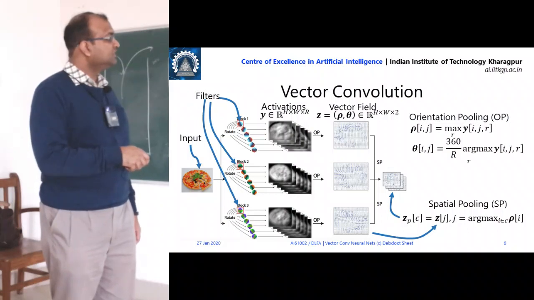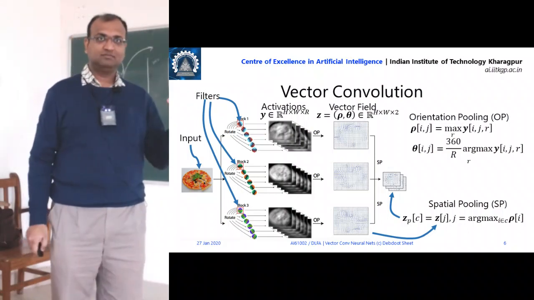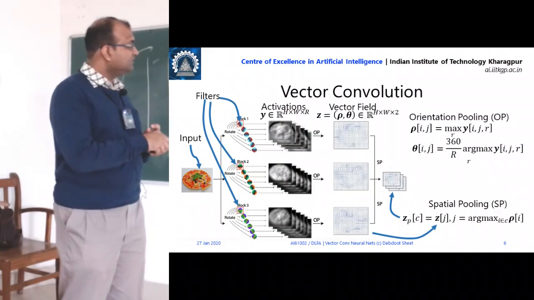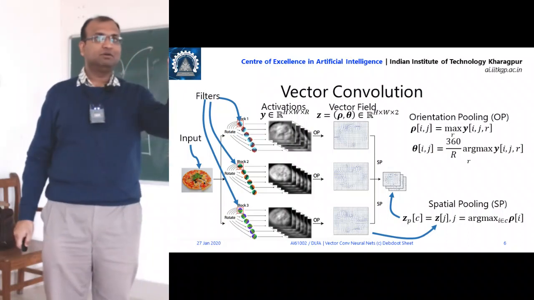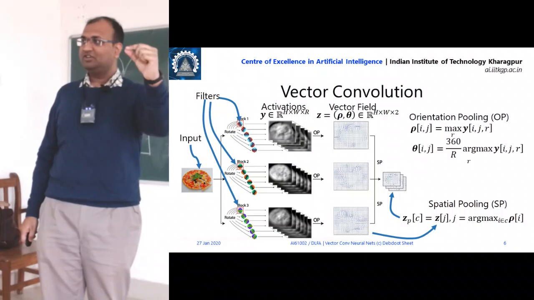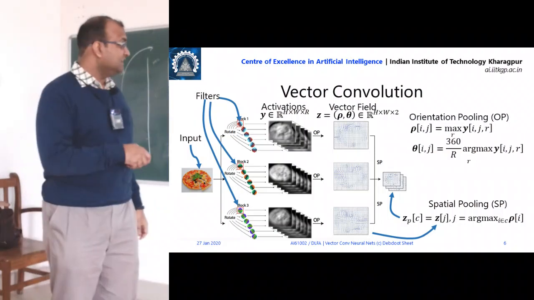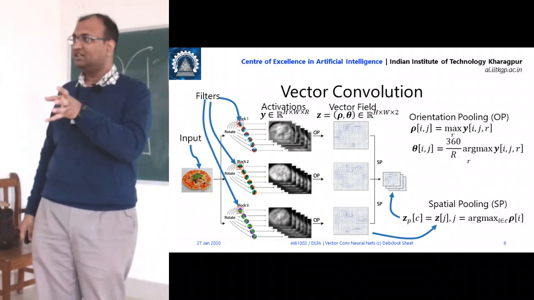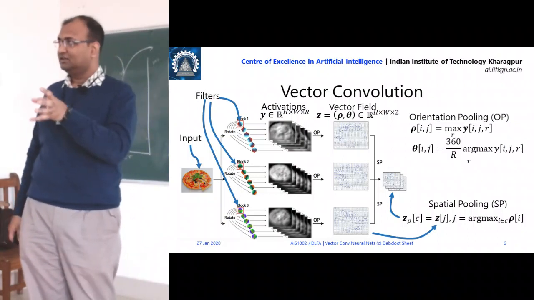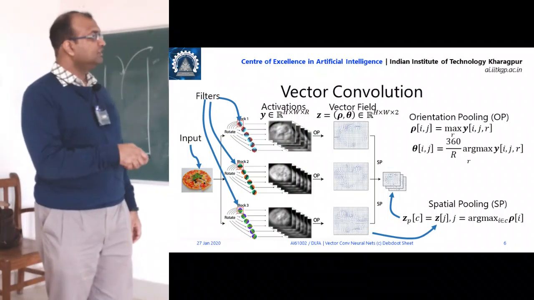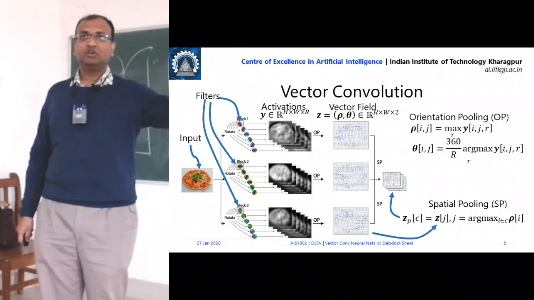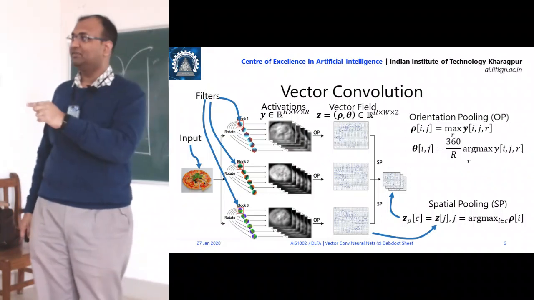So at a given pixel location, across all of these channels which belong to one single filter block, you look at what your maximum amplitude is. At one of these channels you will get your maximum amplitude. Every channel corresponds to one particular theta, which was used for creating that G of alpha R. So for each of them, you know your rho theta combination. Rho is the maximum value and theta is the corresponding angle for which you obtain that maximum value.